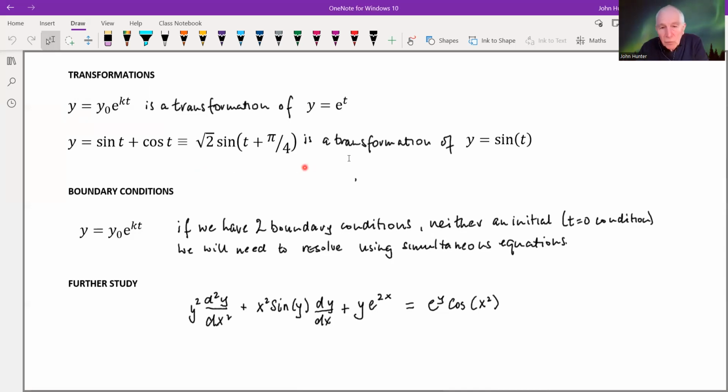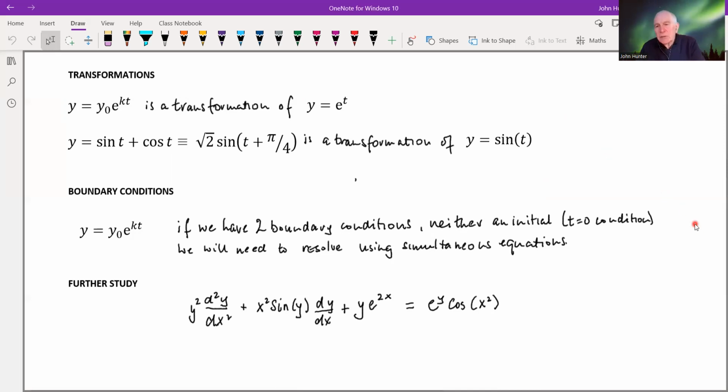And that itself is a transformation of that, stretched vertically by root 2 and shifted horizontally by pi over 4. So again, that might come into some of these questions. There'll be other worked example videos that you can refer to on these.